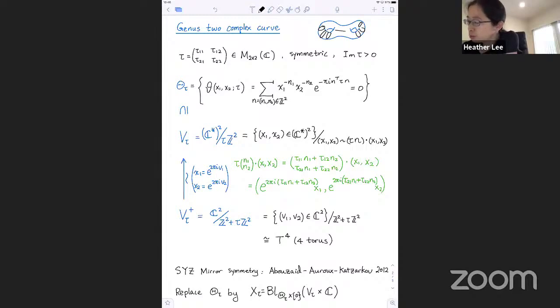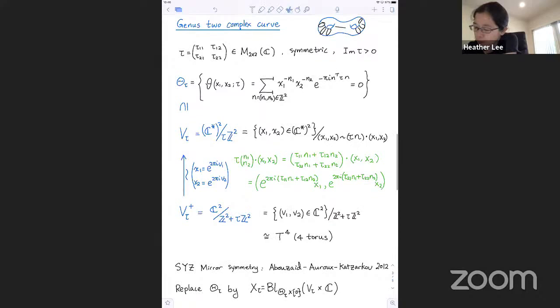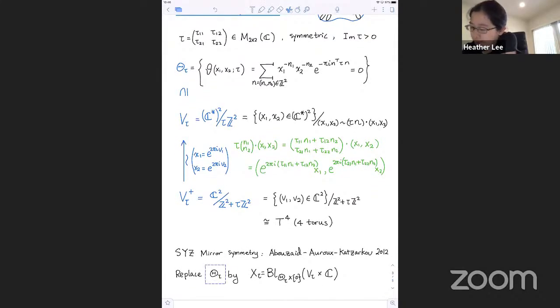So in order to use this SYZ philosophy to construct the mirror to a genus 2 curve, we need to fatten it up somehow. And we do that by replacing this genus 2 curve by a complex 3-dimensional manifold X tau. And this X tau does admit a Lagrangian torus fibration, a T3 fibration.